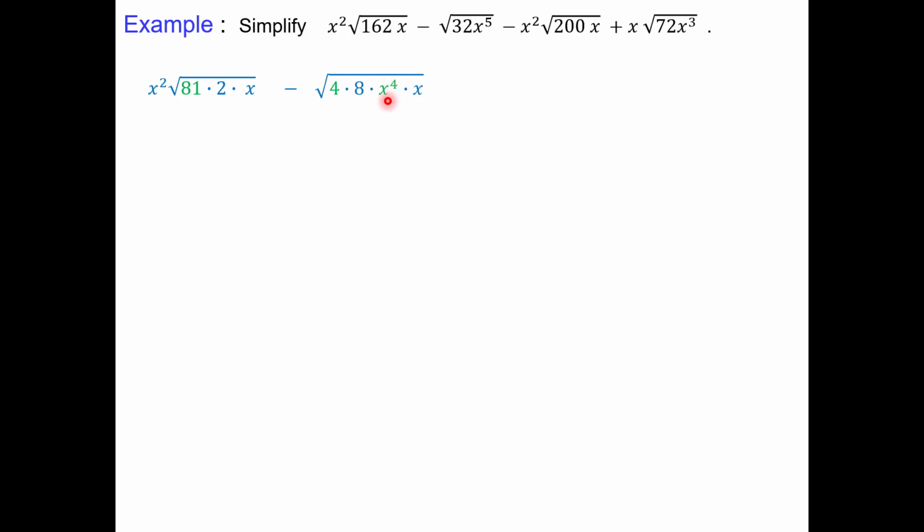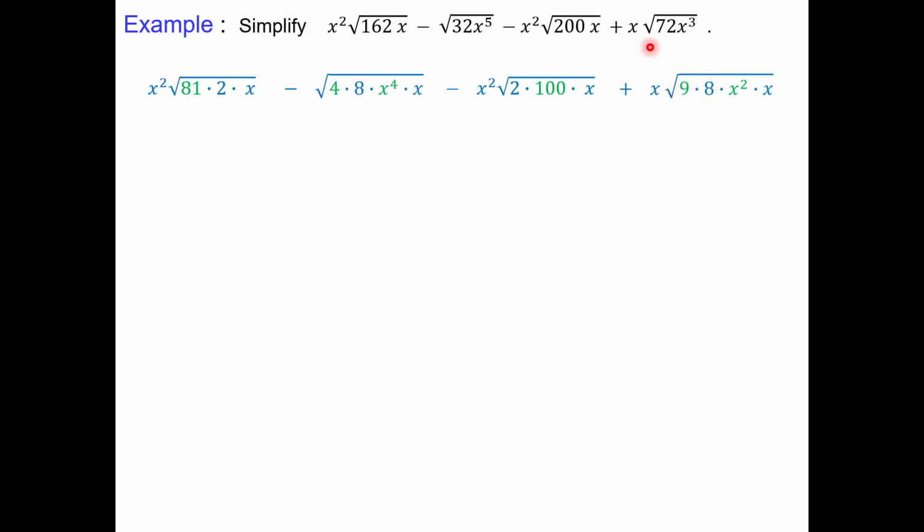I am going to take the square root of all of these factors that I can, and something to the 4th is actually something squared. Okay. The next one, 200, I'm going to break down as 2 times 100. 100 happens to be a perfect square. It's the biggest perfect square inside of 200. And then the last one, I'm going to break 72 down as 9 times 8. And then x cubed, I'm going to break it apart as x squared times another x, because this is a total of 3 x's, x cubed.